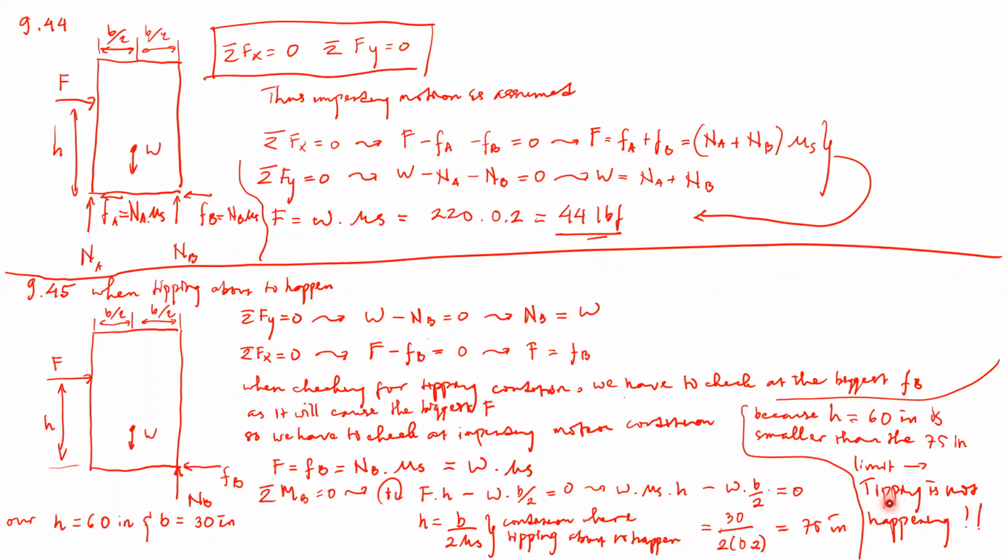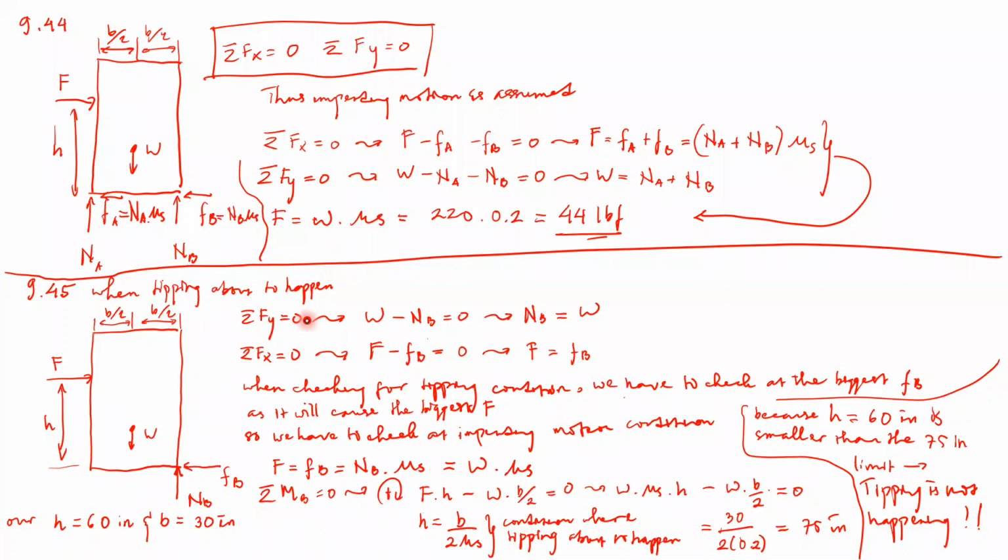At the impending motion condition, if the outside force is bigger than the force which caused the impending motion condition, it means that it will be moving. But if the outside force is less than the force necessary to cause the impending motion condition, it will not be moving. You understand that concept, right, Rafi? Yes. Now, the same concept is happening here as well in the tipping condition. We can use the same concept there as well.